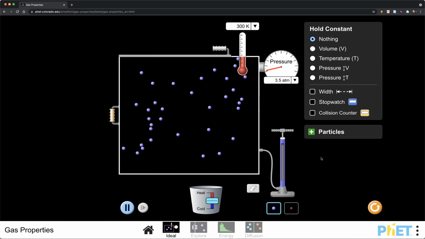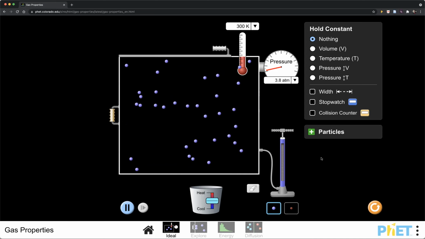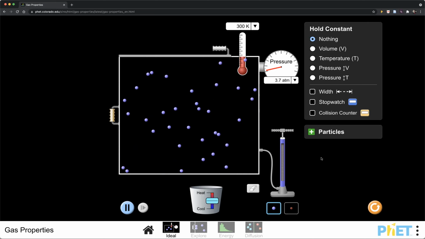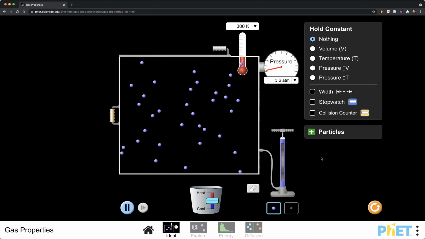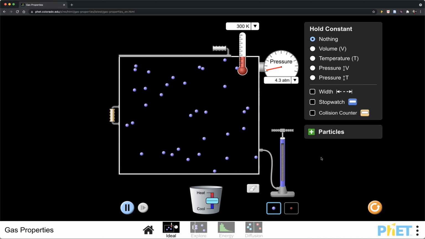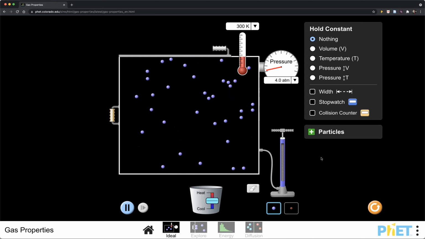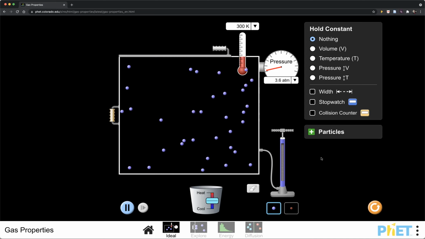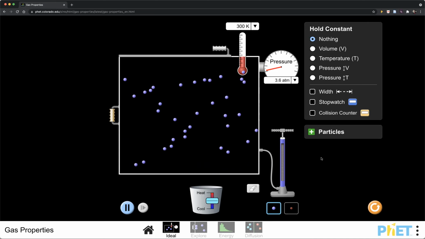Okay, so one of the first things you noticed is that the particles definitely spread out. Gases are going to expand to fill whatever volume is available to them. So the volume of a gas is equivalent to the volume of the container of that gas. Now, yes, the temperature did increase, but it pretty much is holding steady at this point.